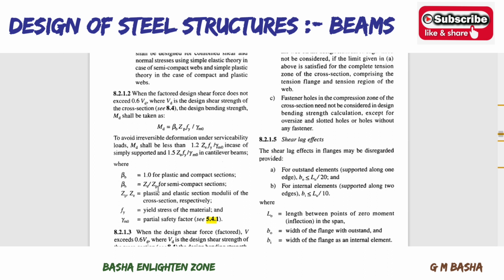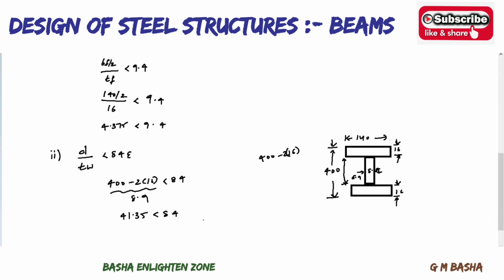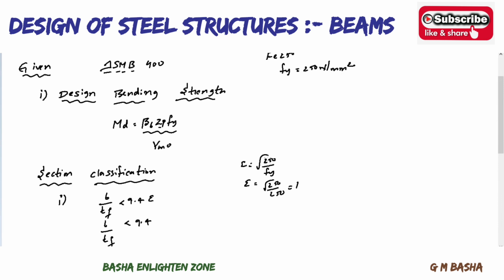For a semi-compact section, you can take the values which are in the steel tables, which is ZE by ZP. For plastic it will be 1.0. Therefore I am taking directly 1.0 ZP Fy by gamma m naught, the same formula after the classification. So what is ZP here again? For finding ZP, you check the condition in the code book.